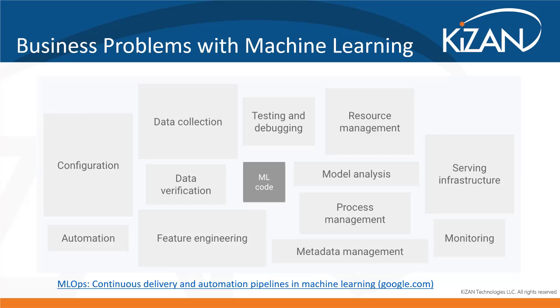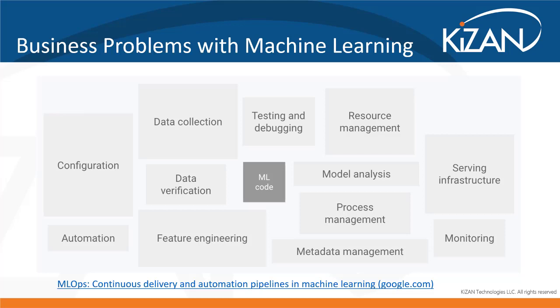So a lot of checking error logs or making sure that processes are running smoothly. But as you see on this slide, we have things like data collection, data verification, model analysis, serving infrastructure, and there's plenty more here that are all required. But with some of the processes and tools we will cover in this webinar, we will see how these areas can be covered and automated.